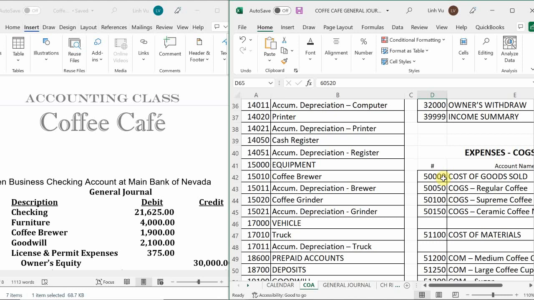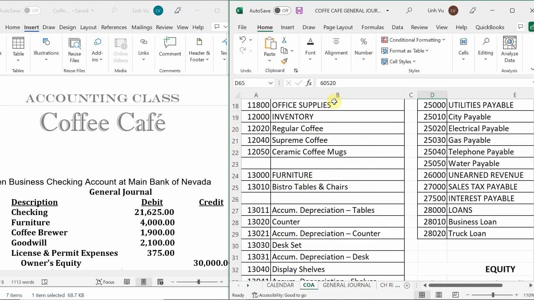Because right now, my equity account is at 0. But because I'm investing my own money into the company, am I adding value or am I decreasing value? Adding. You're adding, right? And how do you increase equity? With a credit, okay?